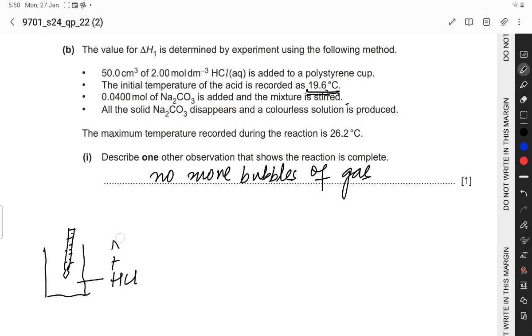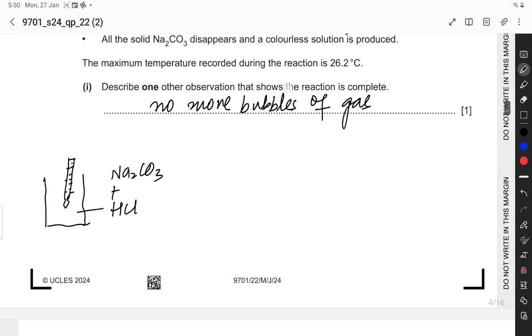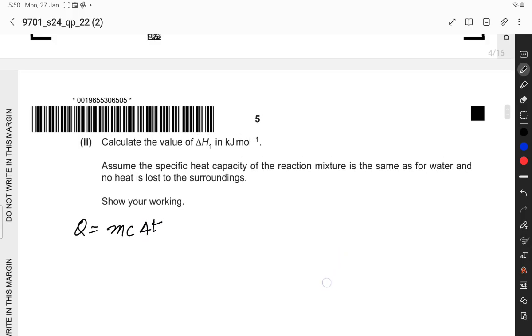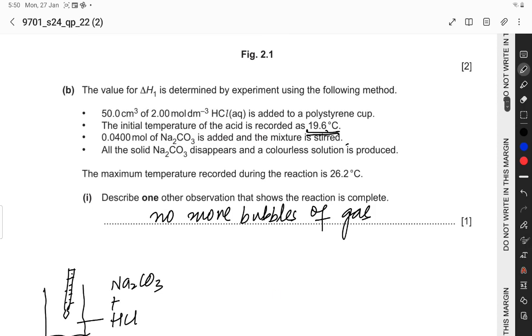plus sodium carbonate. So we can calculate by using Q is equal to mc delta T, where the initial temperature is 19.6 and the final temperature is 26.2 degrees centigrade. So delta T is equal to Tf minus Ti, 26.2 minus 19.6.